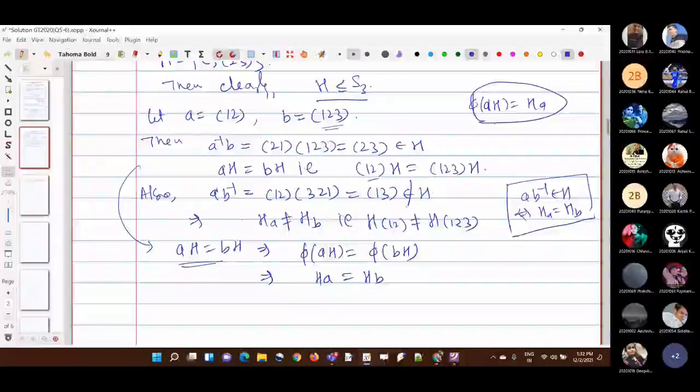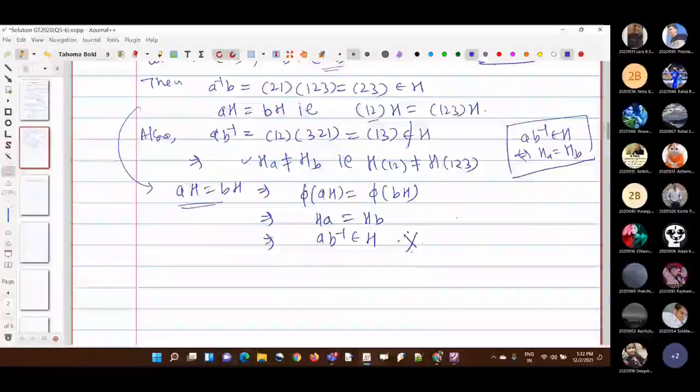But you have seen just here, HA is not equal to HB. Or we can write this holds if and only if AB inverse belongs to H. But this is not true, which is false. You may write it as false. See this equation.